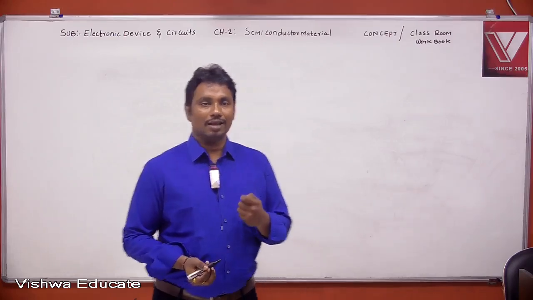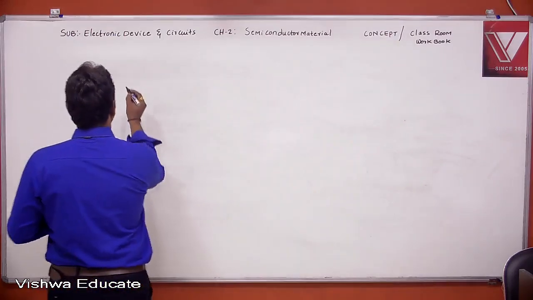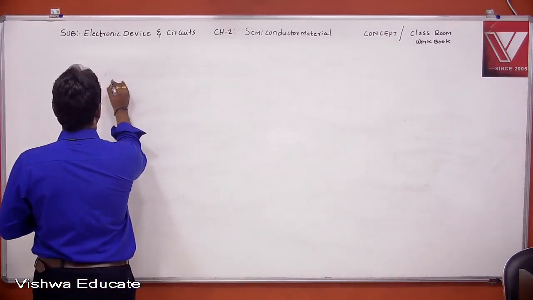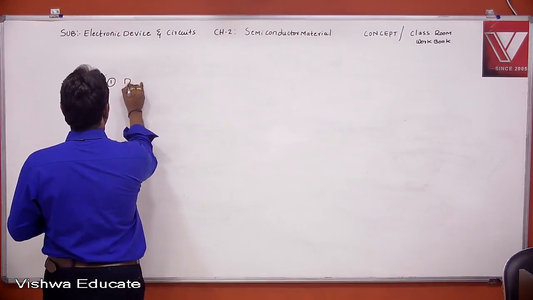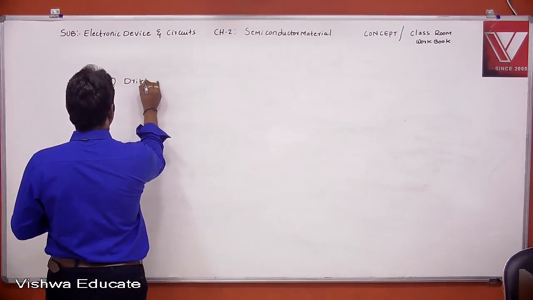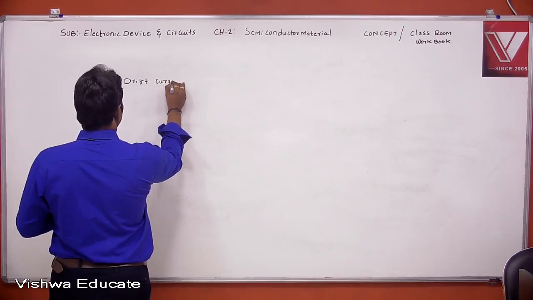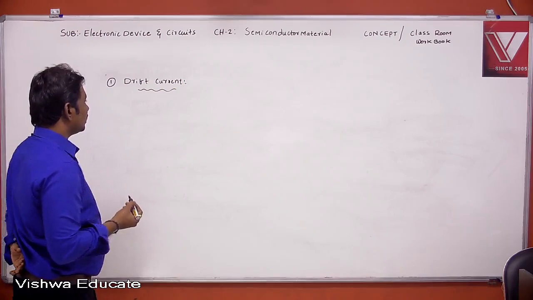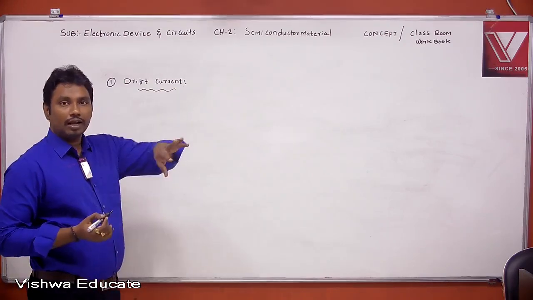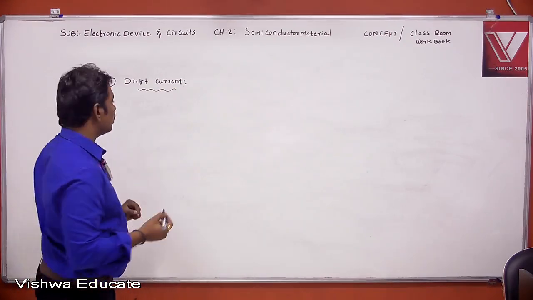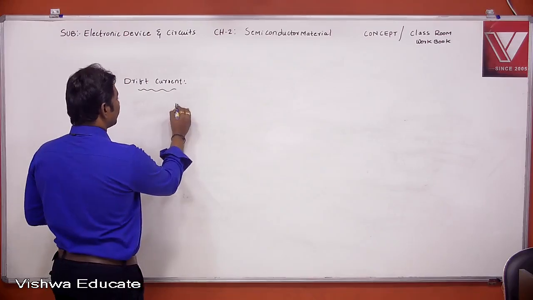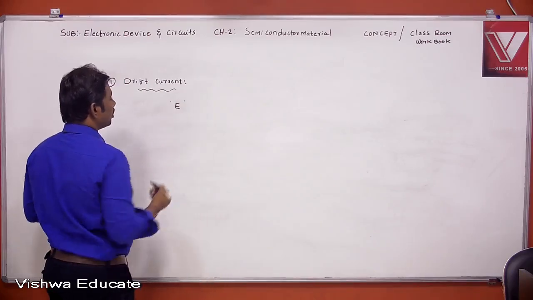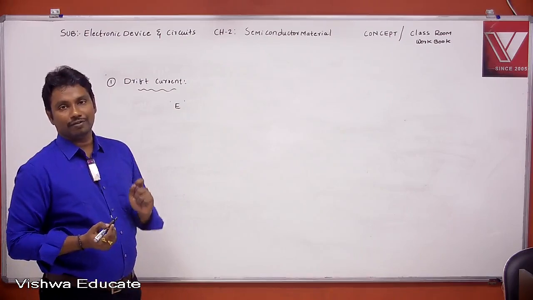Now, in this class, I will start with drift and diffusion currents. So first I start with drift current. What is a drift current actually? Drift current means the current flows due to applied external electric field or potential difference.